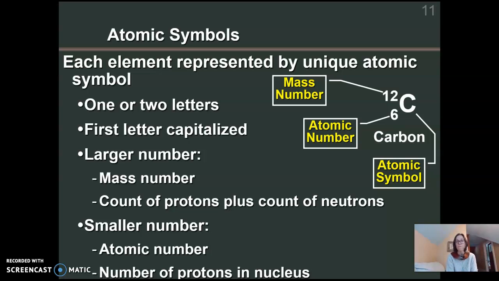plus 6 equals 12. But another isotope that's relatively common, though less common than 12, is carbon-13. In that case, we have the same atomic number. Carbon's atomic number never changes, but this number would be 13, and that would say to us that there are 7 neutrons in the nucleus. So we would have 6 protons with 6 atomic mass units, 7 neutrons with 7 atomic mass units, adding up to 13.